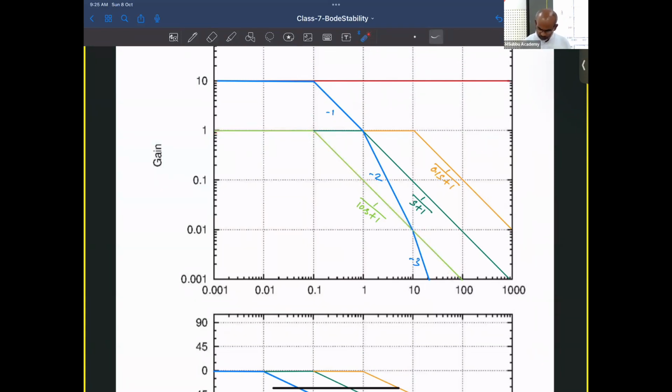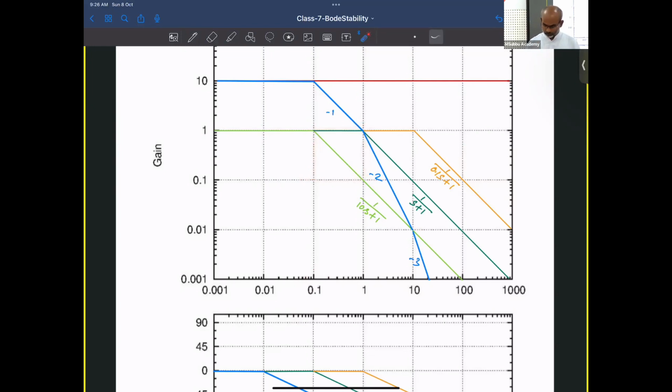The corner frequency for 1 by 10s plus 1 is omega equal to 1 by tau. Tau is 10, so 1 by 10, that is 0.1. So this is a point. To the left, we put a horizontal line of 0 slope. And from that point, you put a line of slope minus 1, that corresponds to rectangles of unit size.